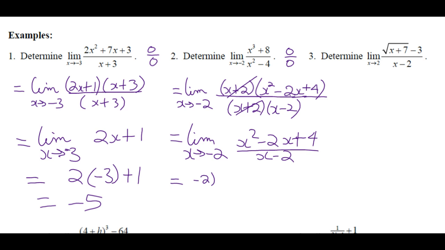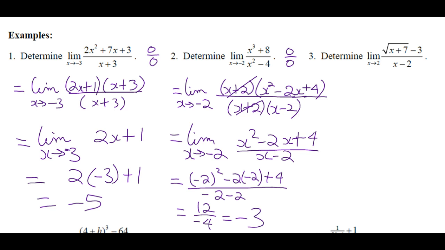So we have negative 2 quantity squared minus 2 times negative 2 plus 4 over negative 2 minus 2, which is, what do we got? 4 plus 4 plus 4, so that's 12 over negative 4, which is negative 3.